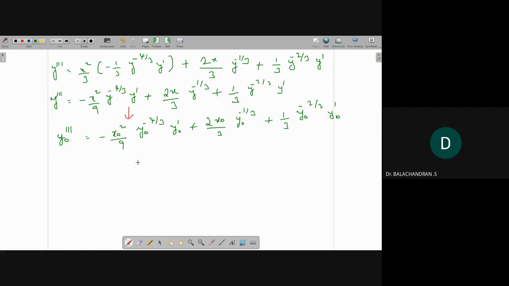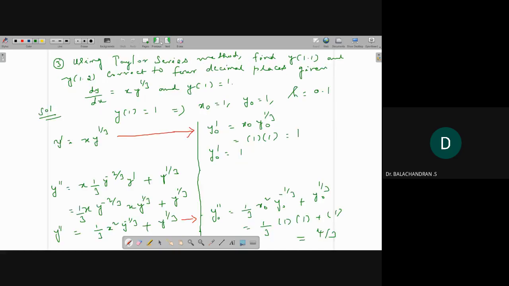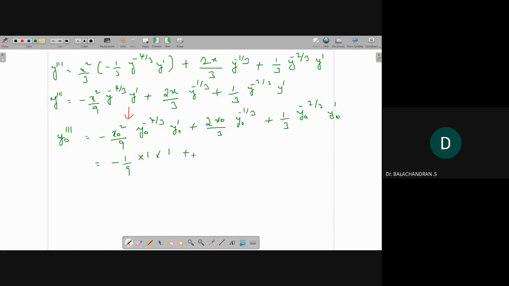So substitute: x naught is 1, y naught is 1, y naught dash is also 1. What is y naught dash? It is 1. Plus 2 into x naught is 1, y naught is 1, plus 1 by 3, y naught is 1, y naught dash is 1.